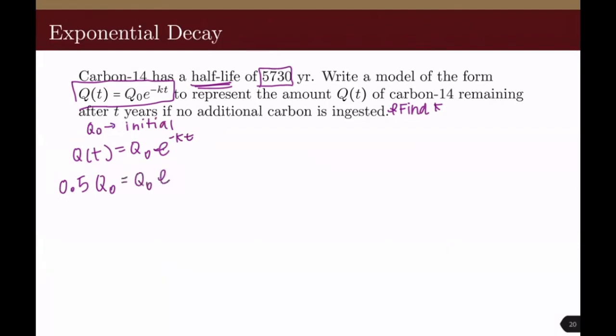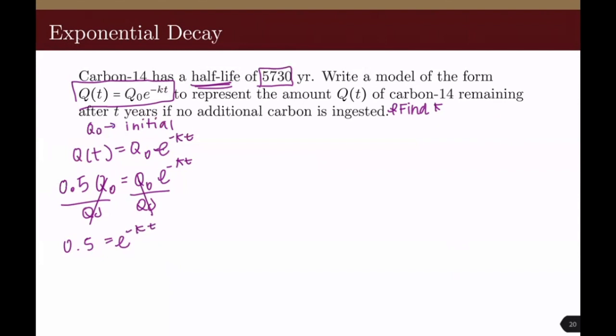It should always equal half of my original after all of this time has elapsed. Then I can essentially divide each side by Q naught to get 0.5 equals e to the negative kt.